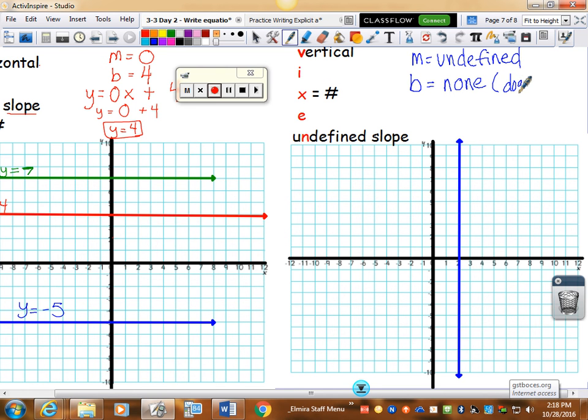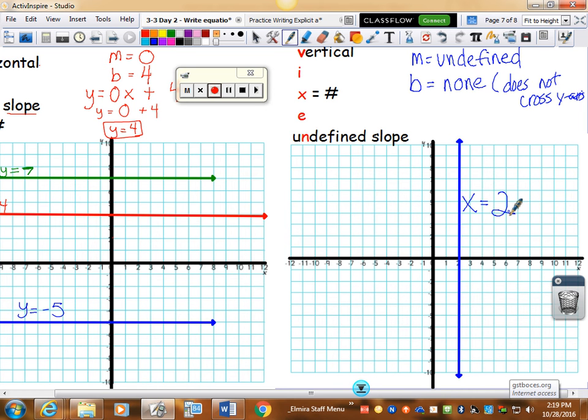So, guys, we don't write y equals anything because we can't. There's no values for us to sub in at all. So the x in vixen is to help us know that what we're actually going to label this line as is x equals 2. Just go to the number that it crosses and put the 2 there. Nothing else. No y, no plus or minus, just x equals 2.